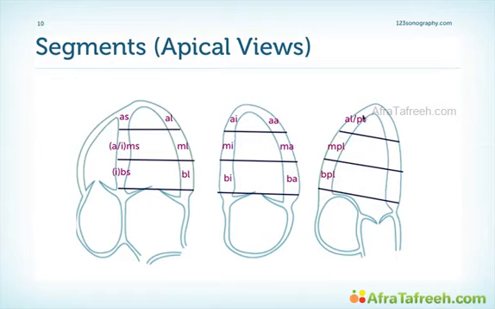Remember, we only have one segment. We have fusion of these two segments here. The apical septum, only one portion or one segment of the septum in the apex. The mid septum, which is usually the anterior septum we see here, and the basal, usually the anterior basal septum we see here.